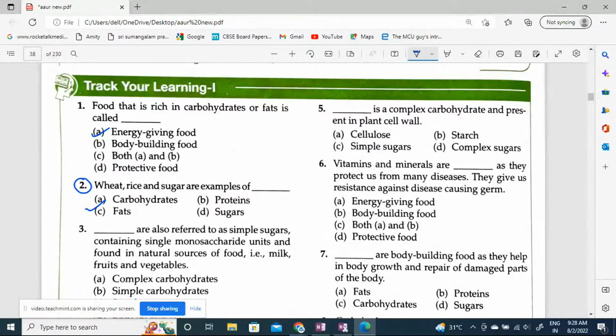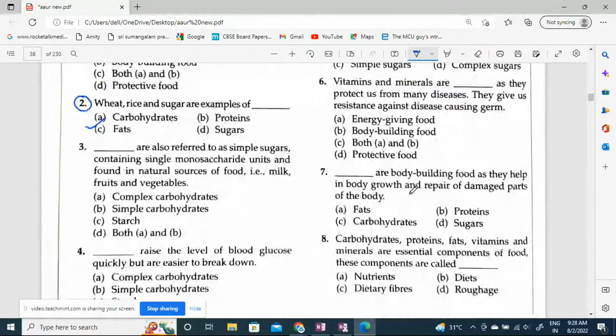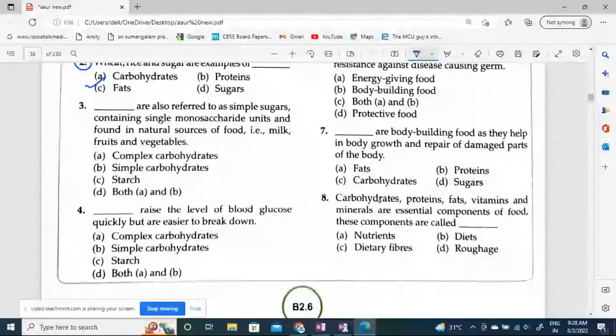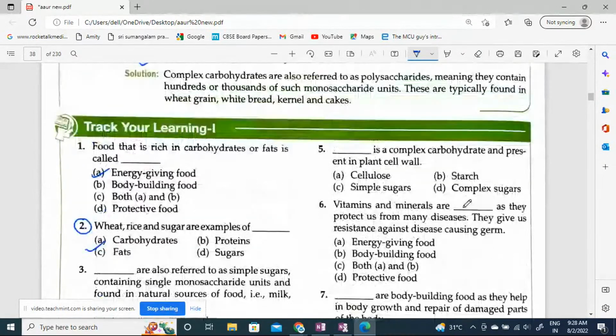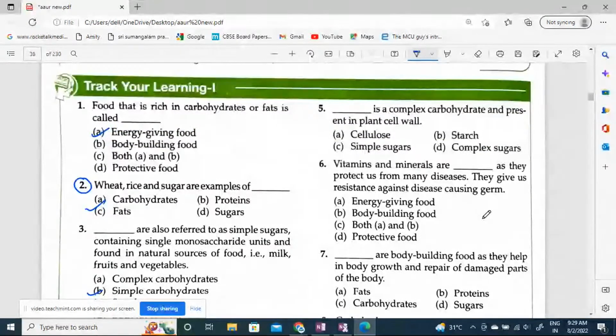The third one is simple carbohydrates. Then cellulose.